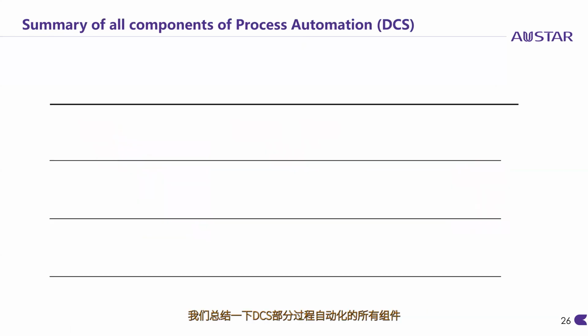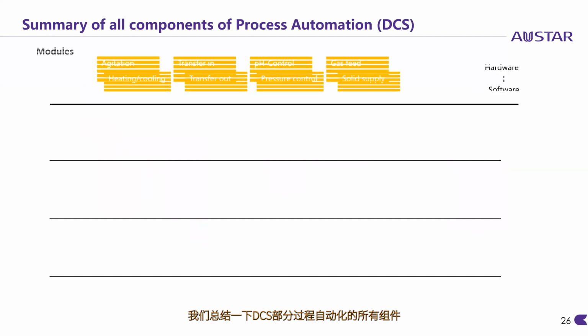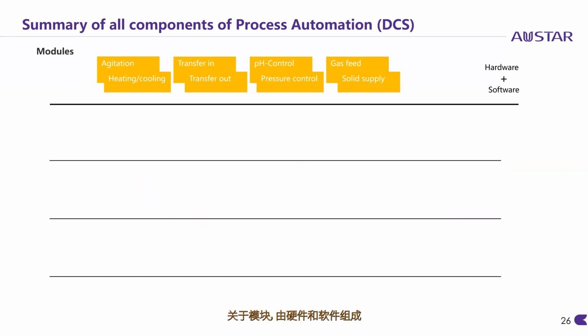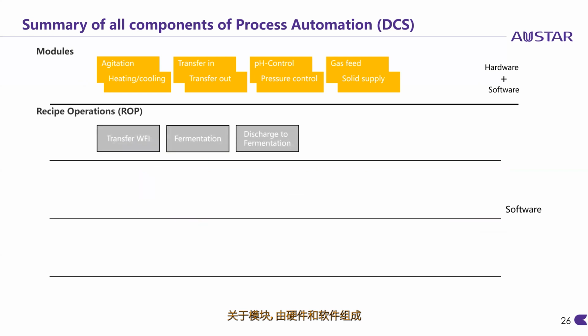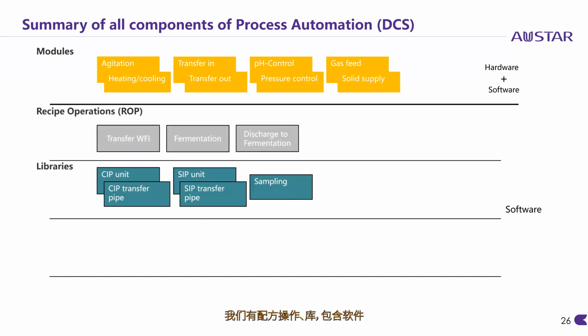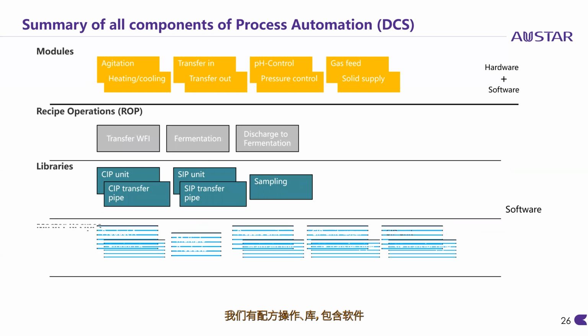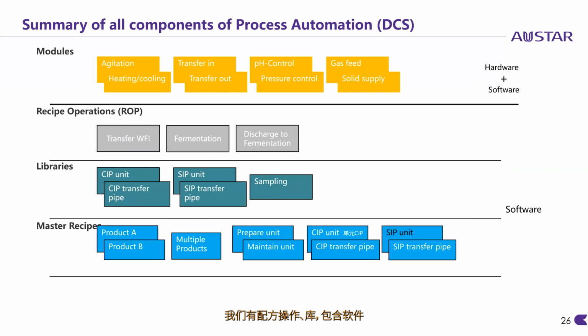So I would like to summarize the software components, or all the components, of process automation and the DCS part. So we have modules which contain hardware and software. Then we have recipe operations and libraries which contain only software. Libraries and operations are normally combined into master recipes, which we can reuse for a certain batch when they are copied to so-called control recipes.